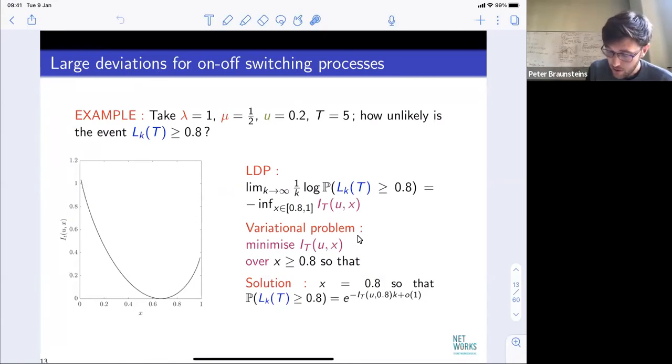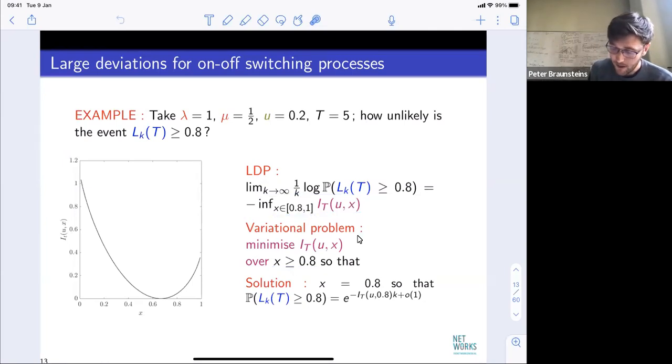To get this exponential decay rate of this probability, we need a specific value, which we get by solving a variational problem. So we're minimizing this function over x equals 0.8 to get the infimum.